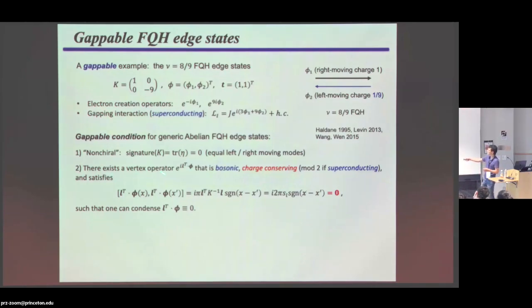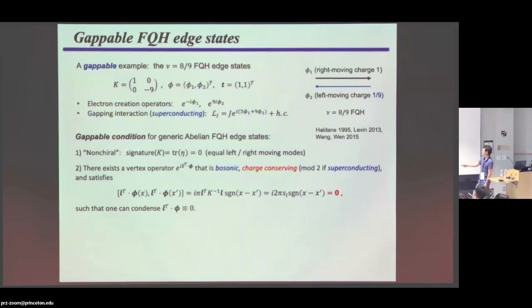The second condition is you need to find some vertex operator interaction that you can add into this Hamiltonian. And this term has to be able to be condensed, which means this boson field has to commute with itself at different positions. If you just do the calculation of the commutation relation between these two fields, it's pretty straightforward, actually. It gives you this expression.